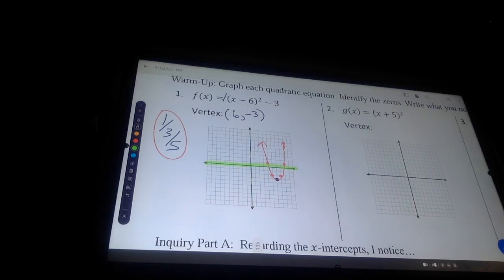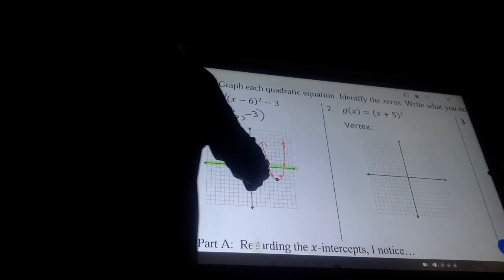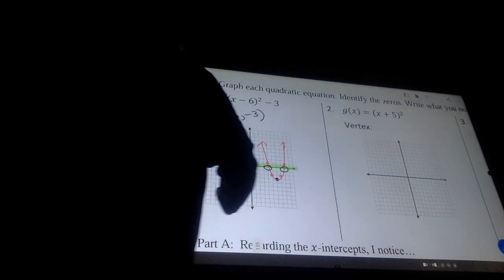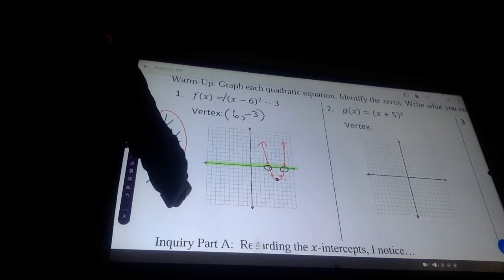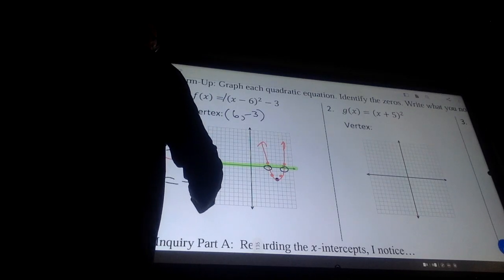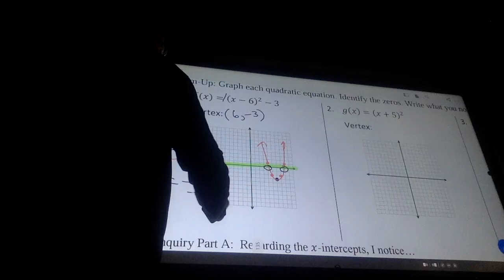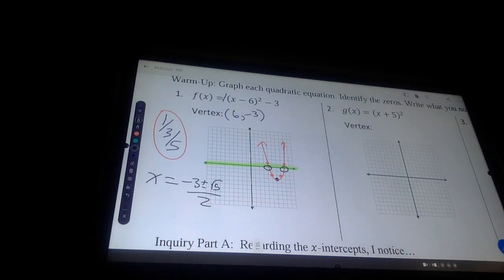No. So that means that these solutions here and here would have been, if you would have done the answer, something like negative 3 plus or minus square root 5 all over 2. That's not really what it is, but that's how the answer would have given itself if we would have solved it. Okay? So those are called irrational roots.